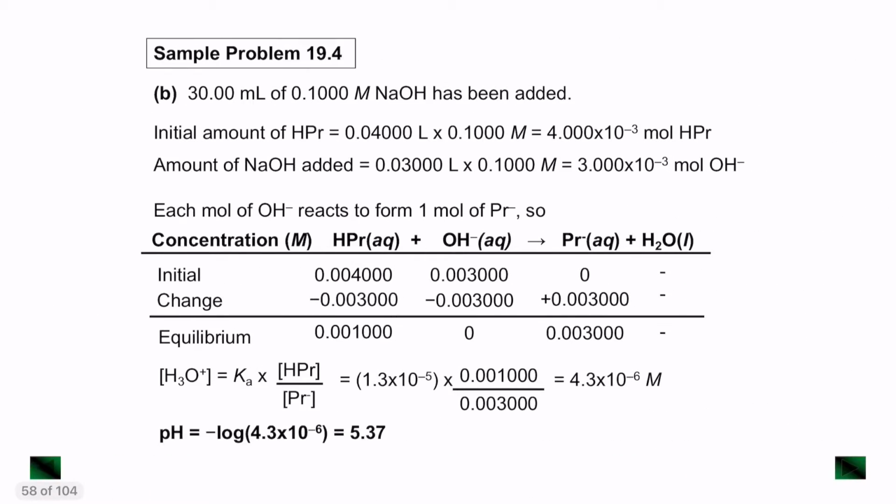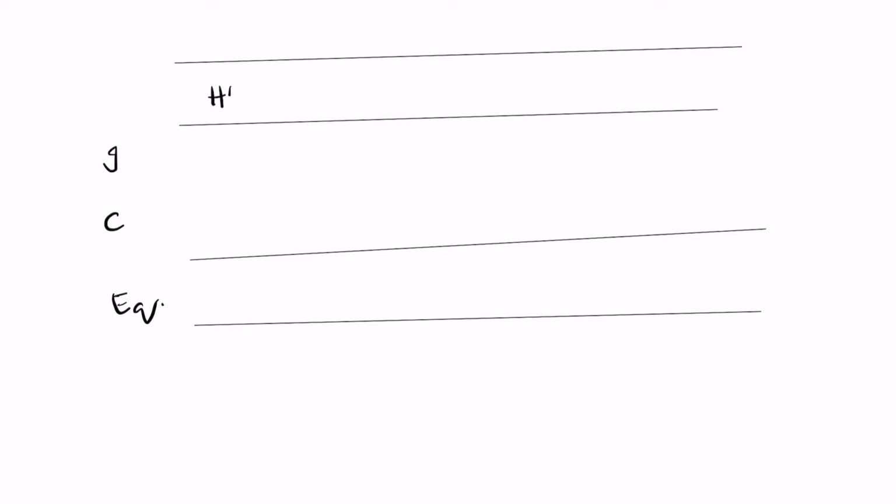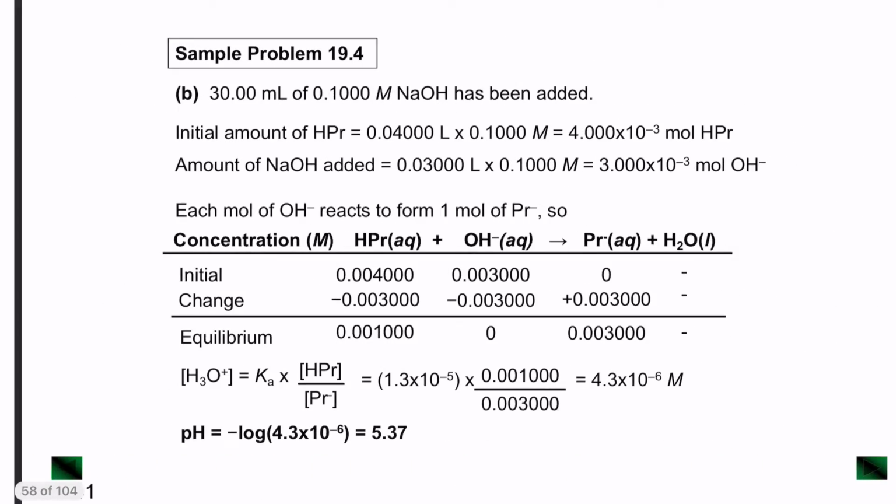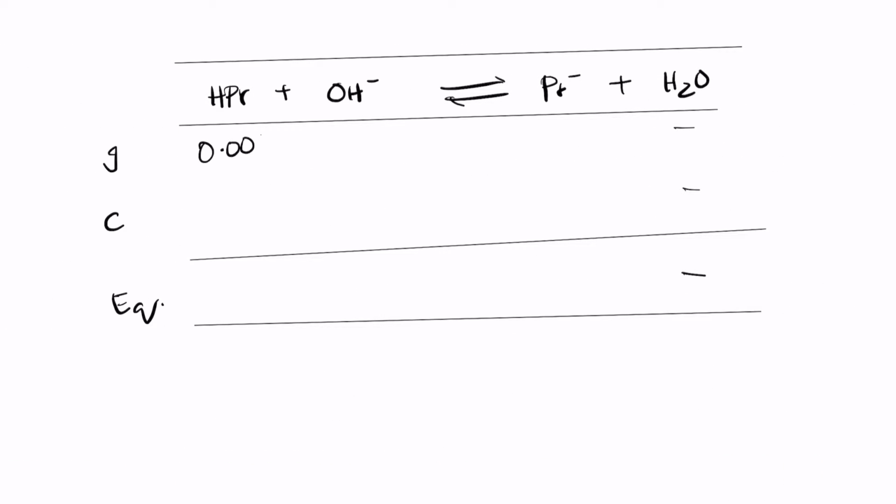Now let's draw the reaction table. Remember, here it's a weak acid, which means that it's not the total amount of acid that's going to undergo the titration reaction. So first we have initial, change and equilibrium. You have HPr reacting with OH minus gives Pr minus plus H2O. The initial amount of HPr that is present here is 4 times 10 to the power negative 3, which can be written as 0.004, and the amount of OH minus is 0 and Pr minus is also 0.